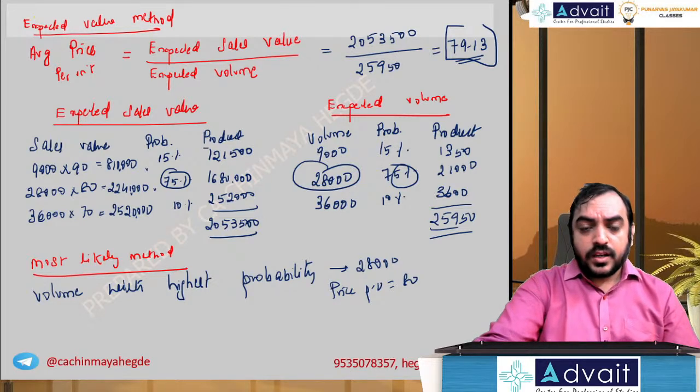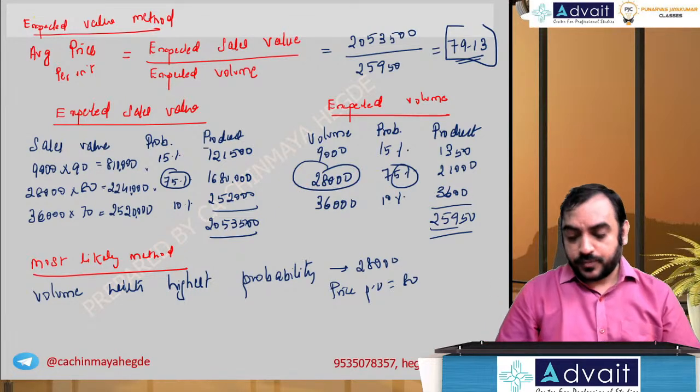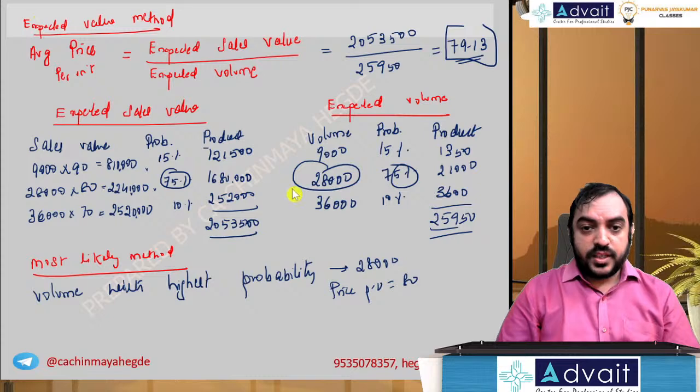But anyway, now let me come to the journal entry they asked for in the first part of the question. Journal entry under expected value method.